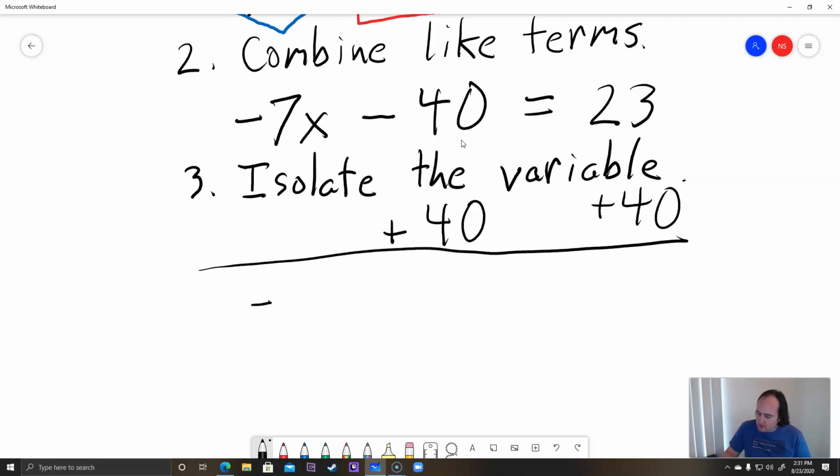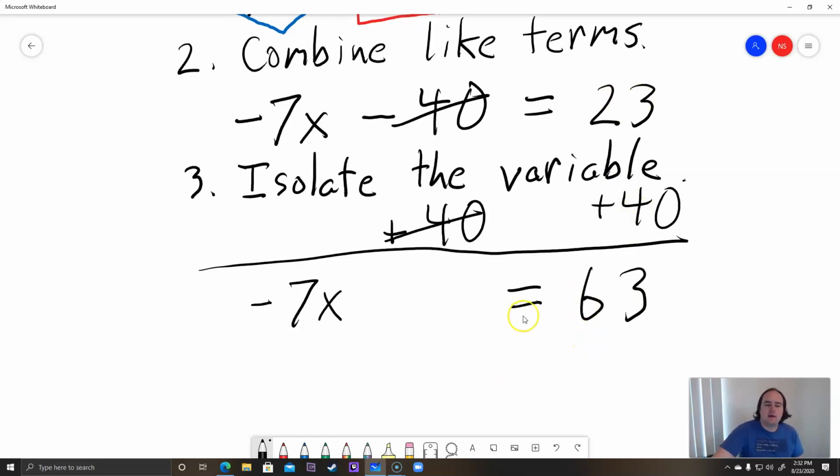On the left side we're going to get negative 7x, and the plus 40 and the minus 40 are going to cancel, so that's just 0. On the right side, we're doing 23 plus 40, which is 63. So on the right side, we're going to have positive 63.